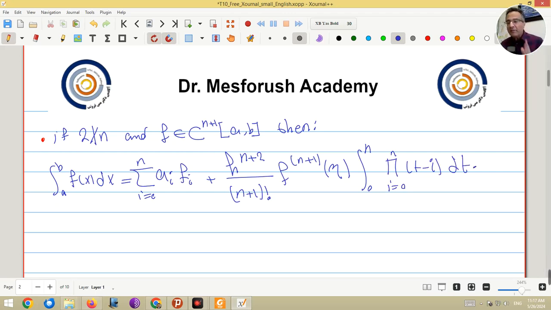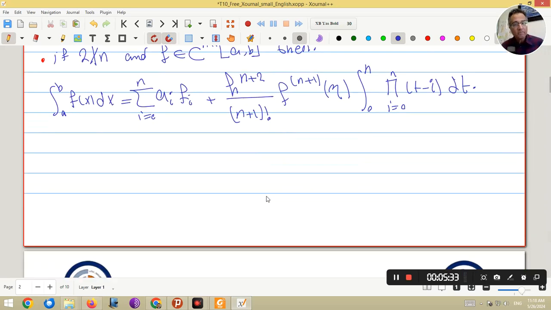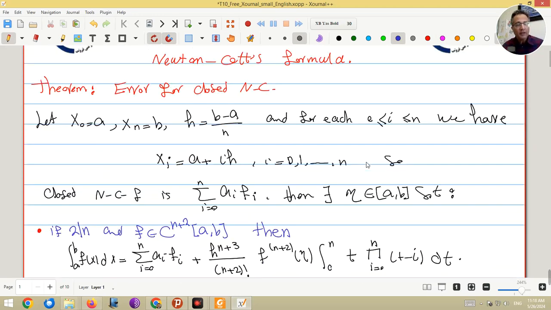This is the first theorem about the error term for the closed Newton-Cotes formula. Okay?